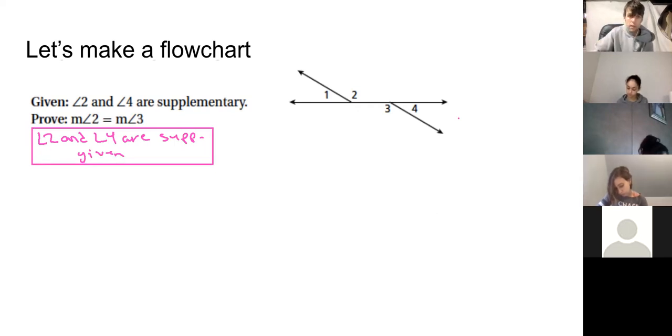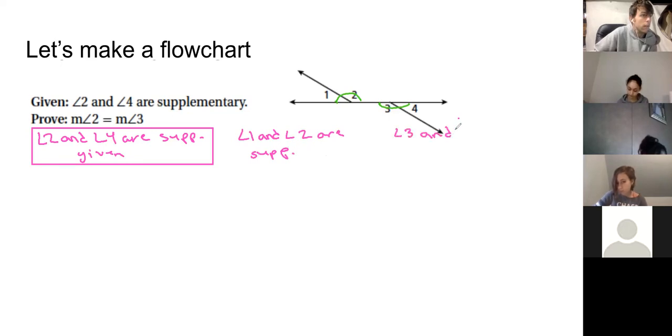Also included in my top layer is anything that I can infer from the picture. Something that I can infer from the picture are linear pairs. I can see in this picture I have 2 linear pairs. So I will also be including that in my top layer of the given information. So I will say angle 1 and angle 2 are supplementary, and angle 3 and angle 4 are supplementary.